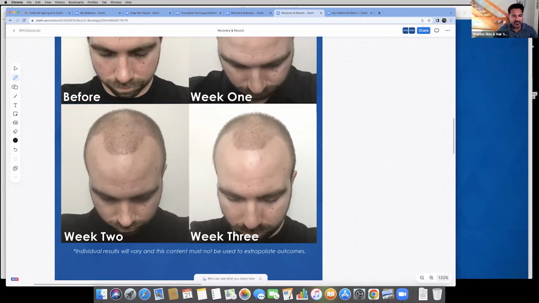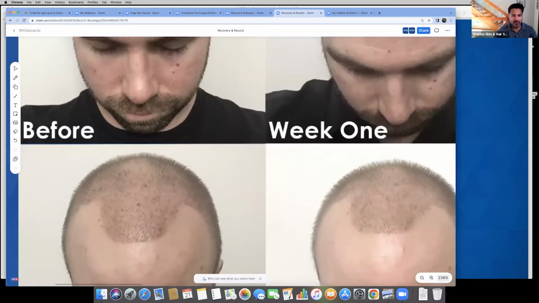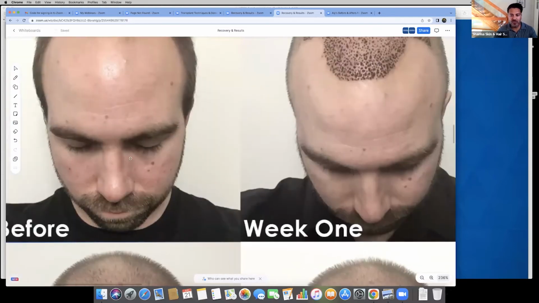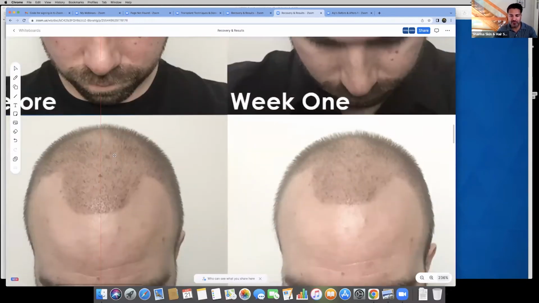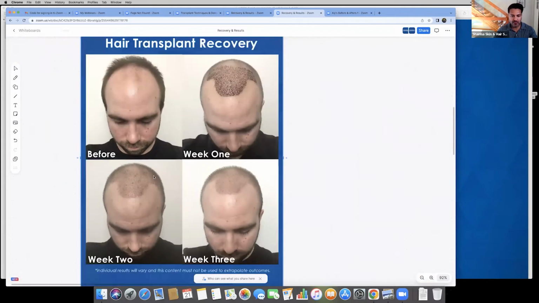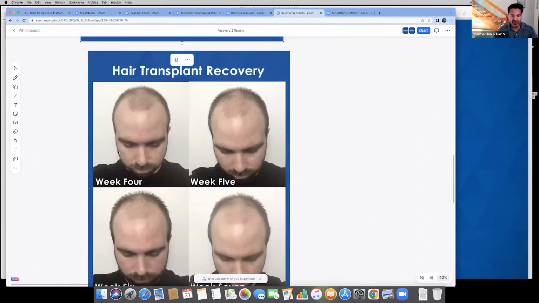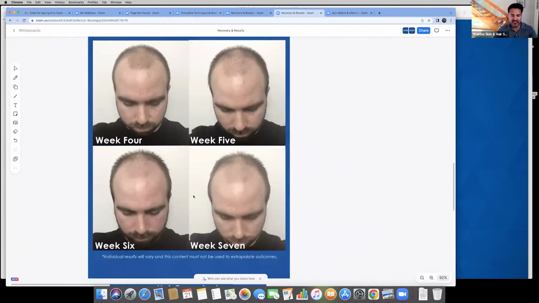I'll zoom into this slightly so you can see a little bit better. There we are. So week 1, week 2, and week 3. And here we've got week 4, week 5, week 6, and week 7.